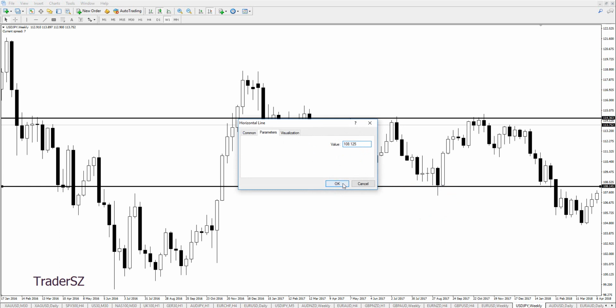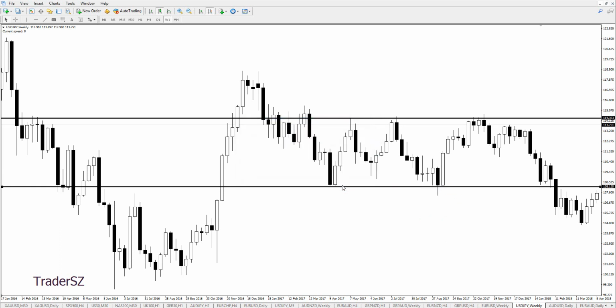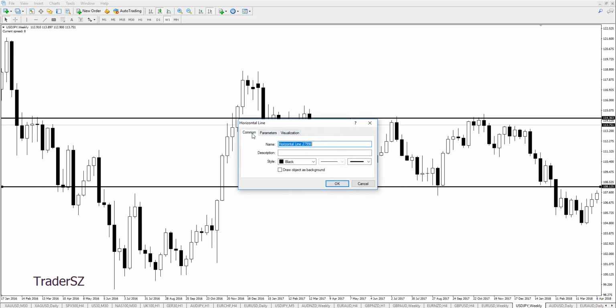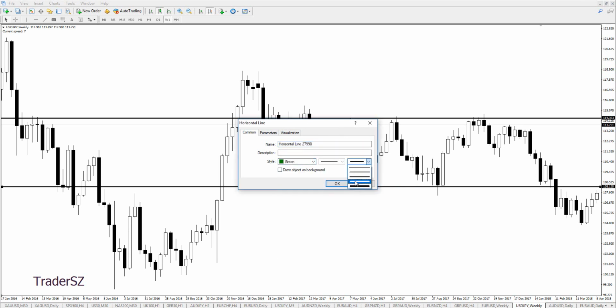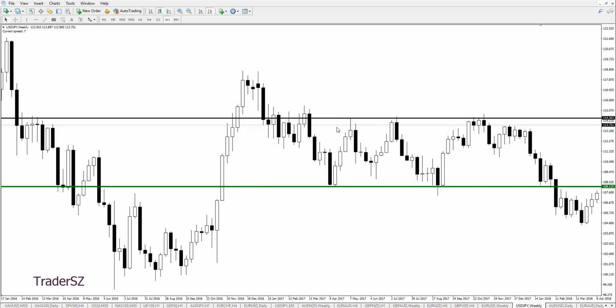And then I'm going to do these in different colors, so when we're going through it, it stands out. Okay, got that there, we've got that there.